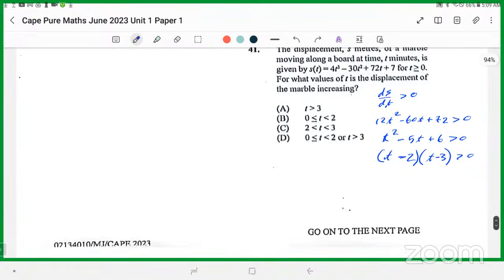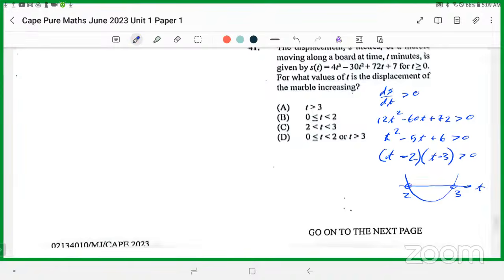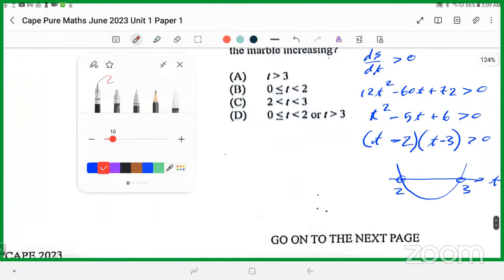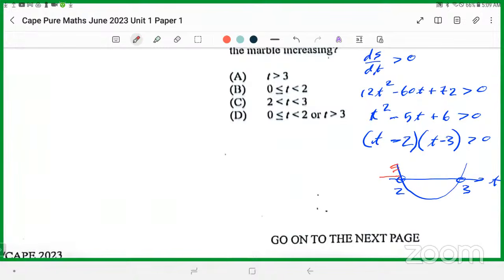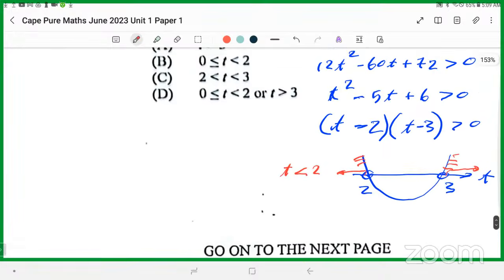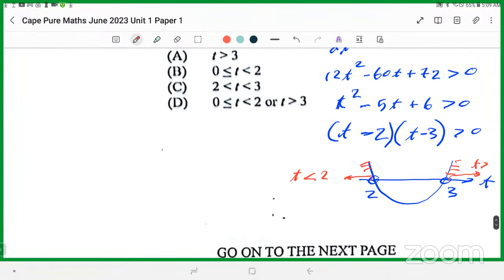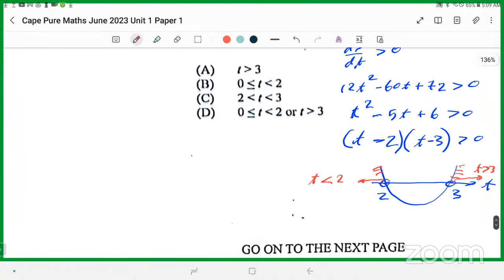If you sketch it, it will be a smile-shaped function with roots at 2 and 3, and you want above the axis, coming to the left of 2 and to the right of 3. So t will be less than 2 and t will be greater than 3. That's what you want.